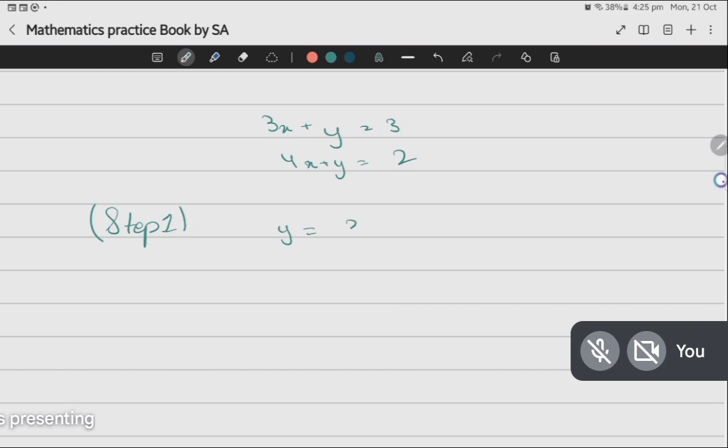Y को subject बना दिया so 3 minus 3x and y को दोबारा subject बना दिया so 2 minus 4x. ठीक है. स्टेप 2 हमने दोनों को इक्वेट कर देना आपस में. सही है. So 3 minus 3x is equal to 2 minus 4x.